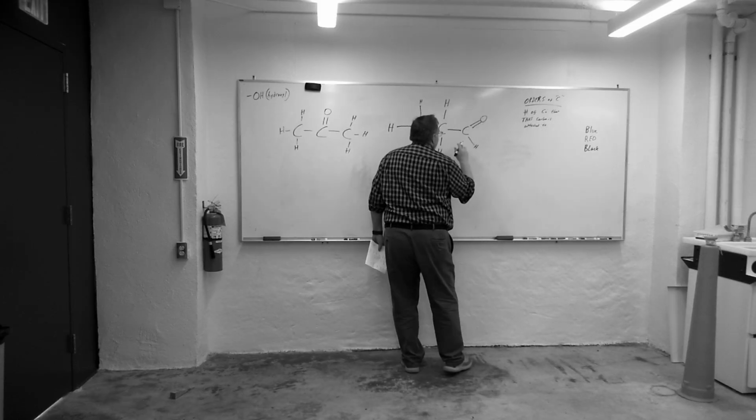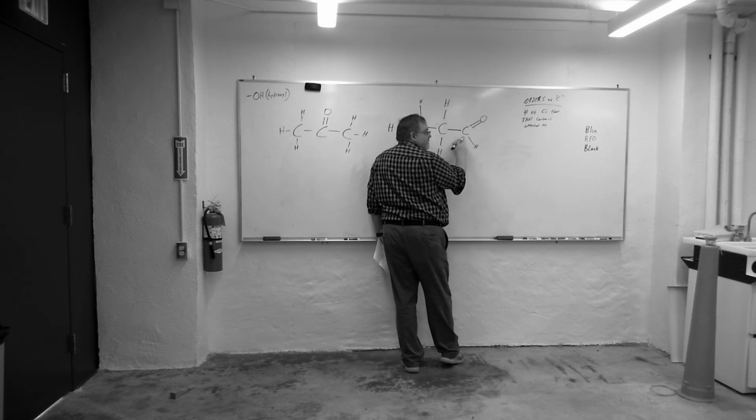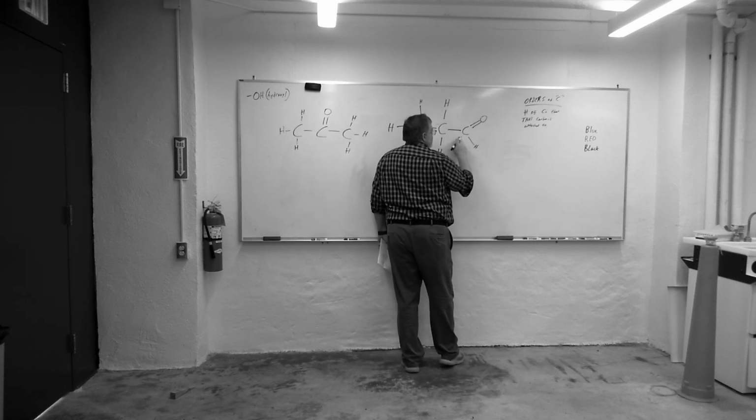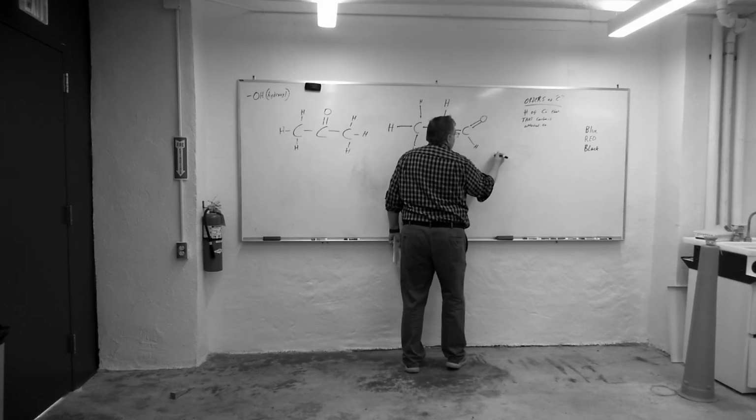So how many carbons is this carbon attached to? It's attached to an oxygen, it's attached to a hydrogen, and it's attached here. So how many carbons? One. This is connected to one carbon. So we call that a primary carbon.